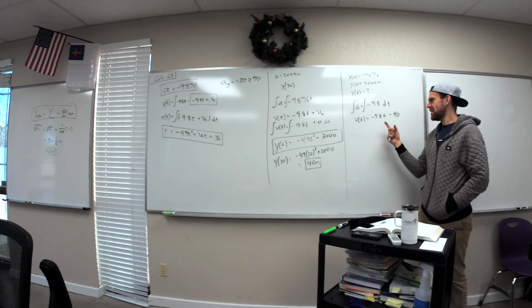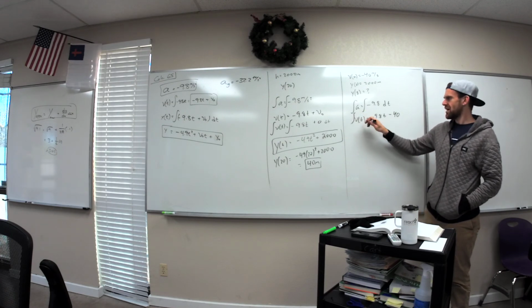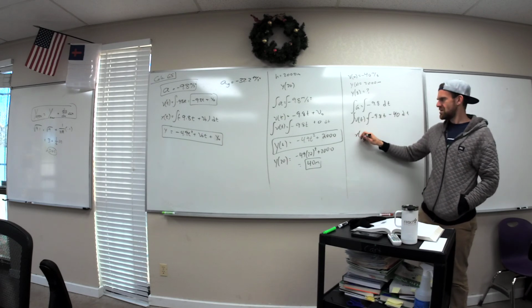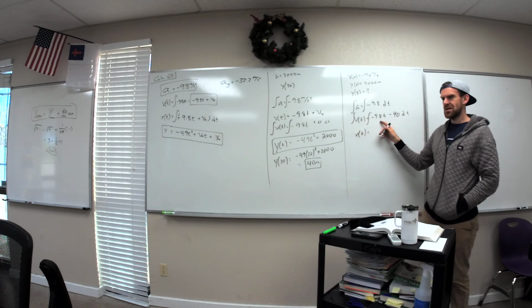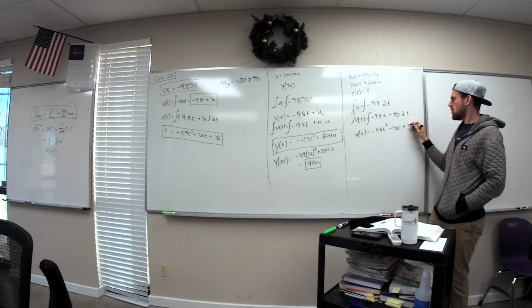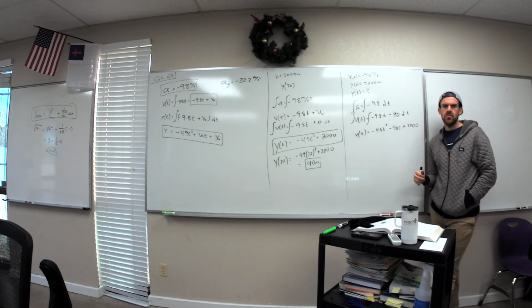If I plug in t equals 0, I'm set. Now, I'm going to integrate again. Integral of velocity is position. When you integrate this, you get negative 4.9 t squared minus 40 t plus the initial position, 2000.